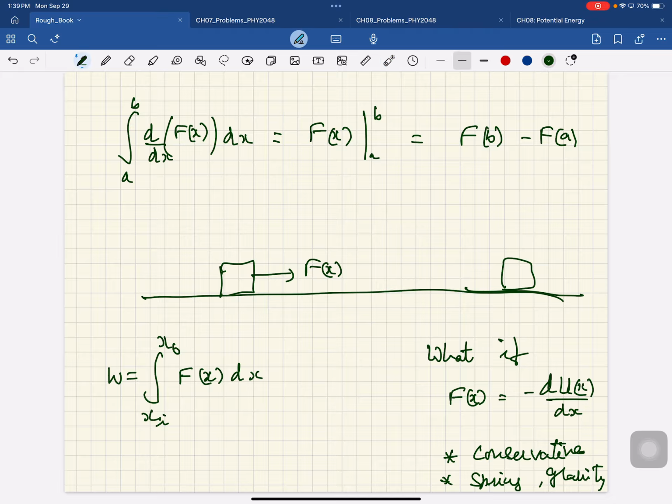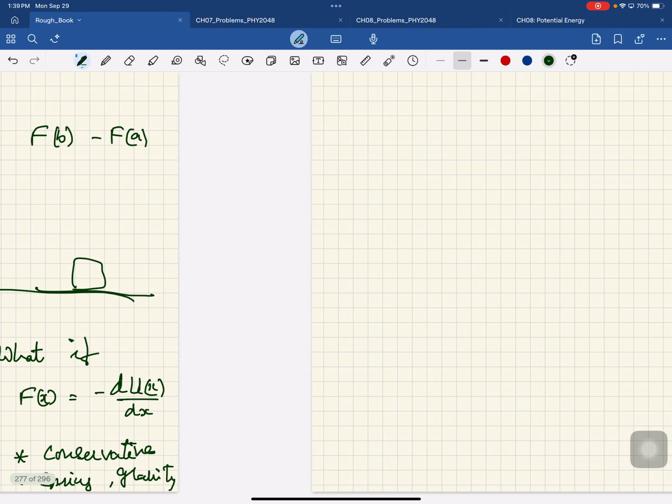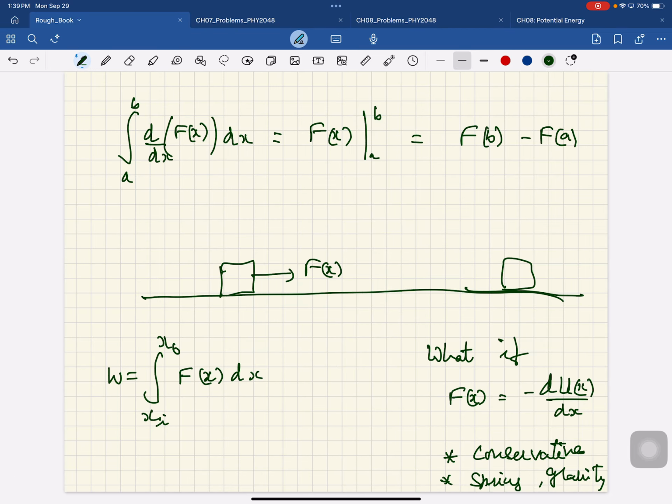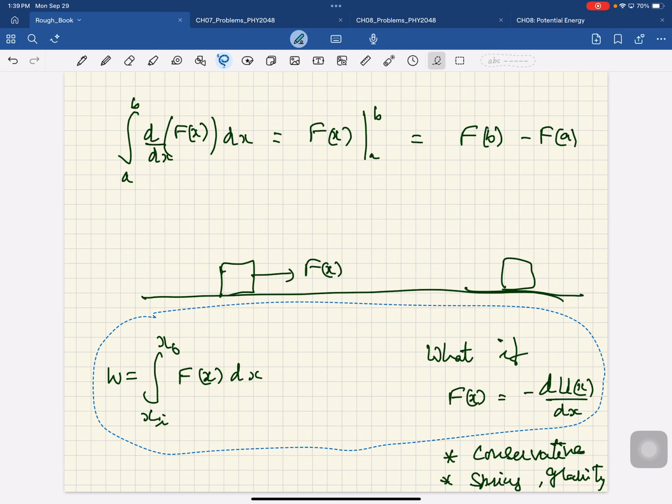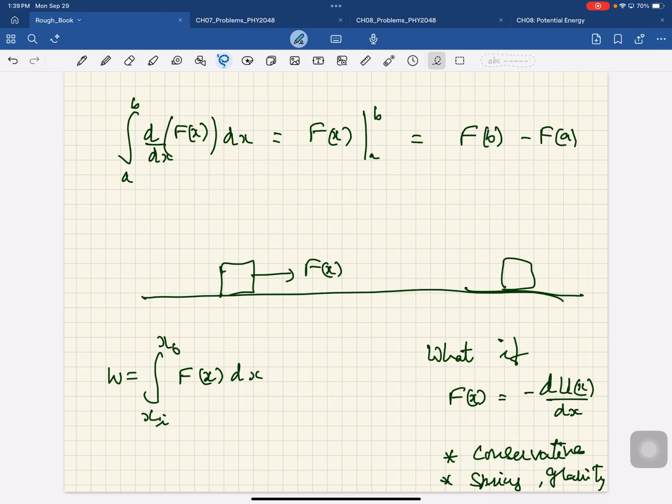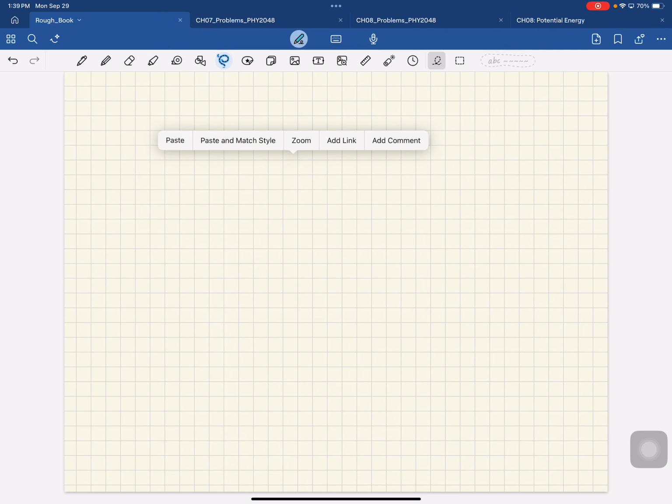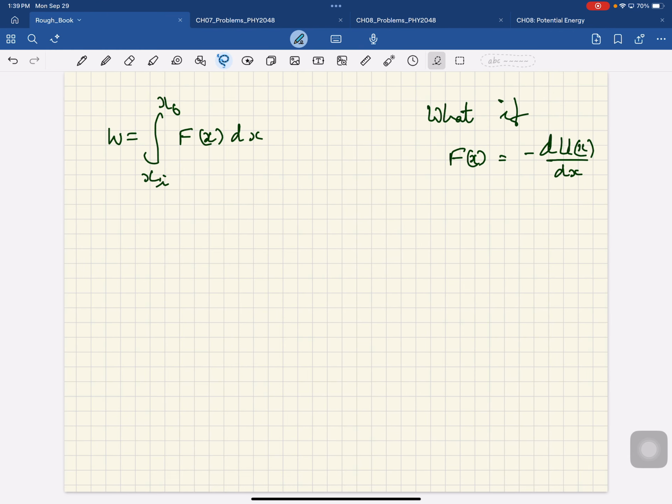We're calculating the work done. Okay, so work done by a force that's dependent on the spatial coordinate is given by that.